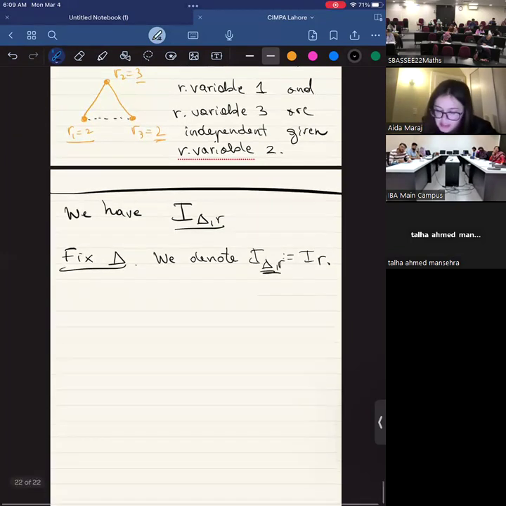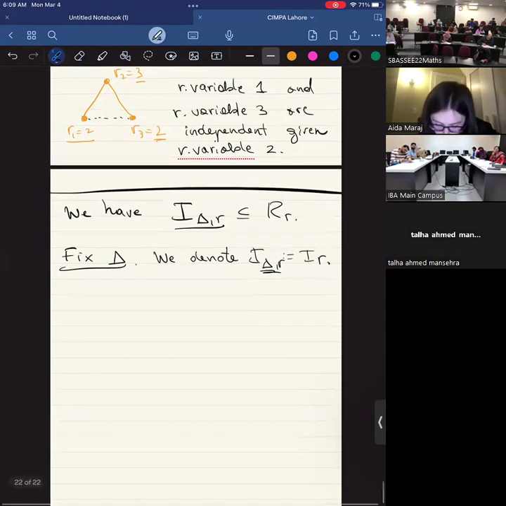Okay, and now remember where this lived? This lived in this R of R, and then we can apply a group action there.